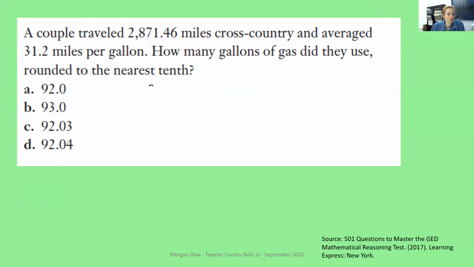So we're doing the total miles divided by miles per gallon.